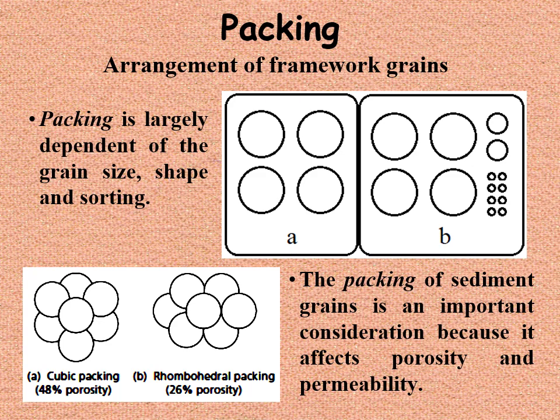So there is an ample number of empty spaces within the sedimentary grain deposition if the particles are all of equal size. That means here the sorting is high. But in the right hand picture, in the B picture, the sorting is poor.